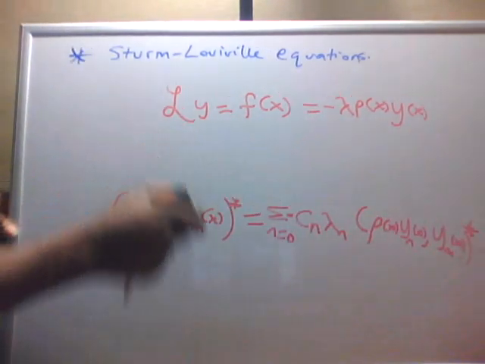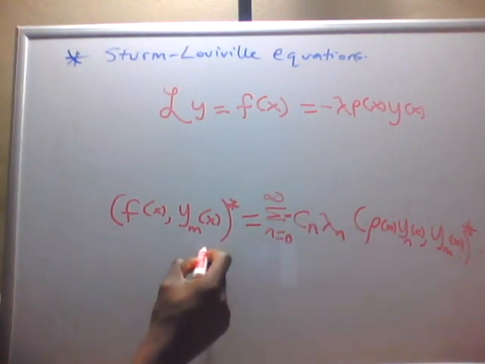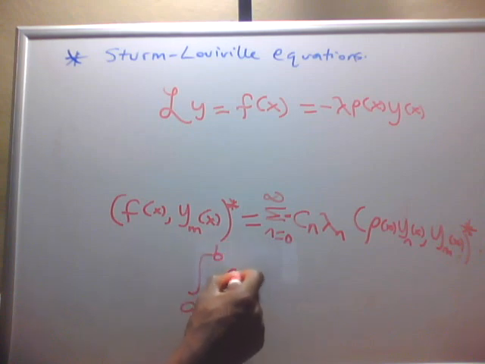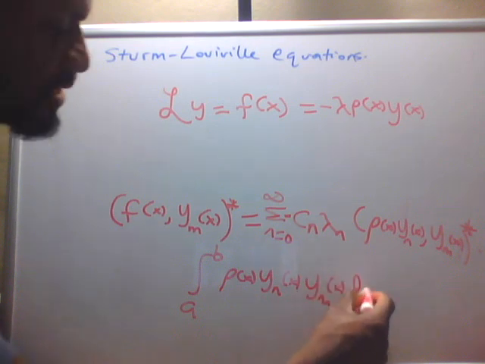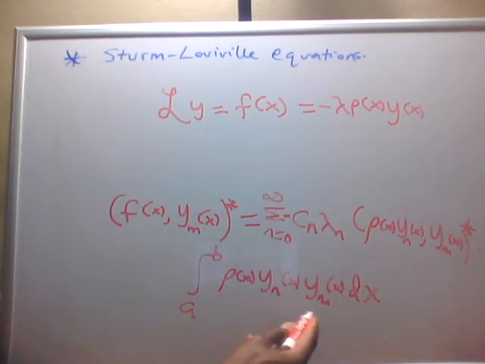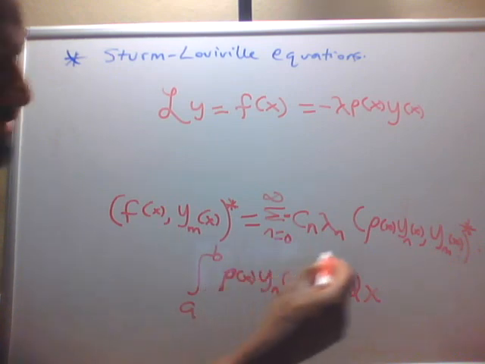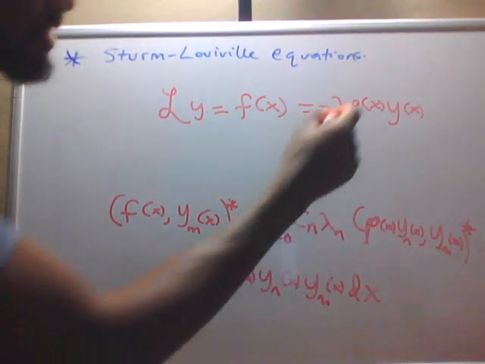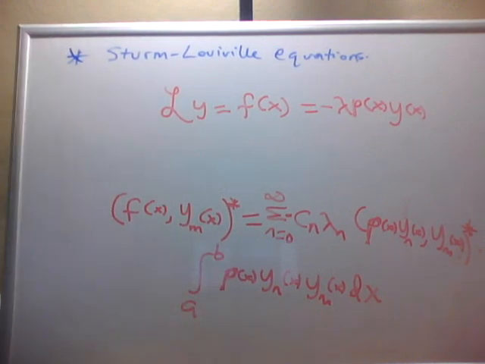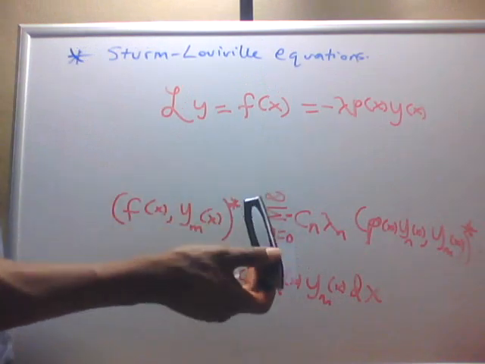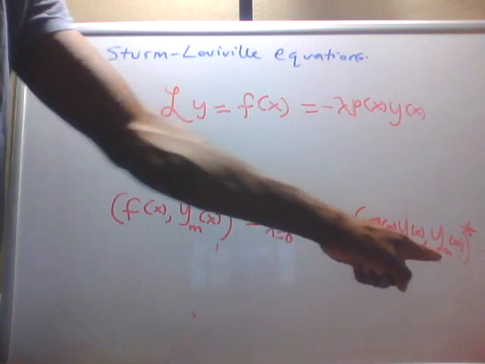That last inner product here is worth looking at a little closer. It's the integral from a to b of rho x yn x ym x dx, which is the orthogonality condition for a general weight function, rho of x. Okay, this is a general orthogonality relation. So it goes to 0 for every n not equal to m.